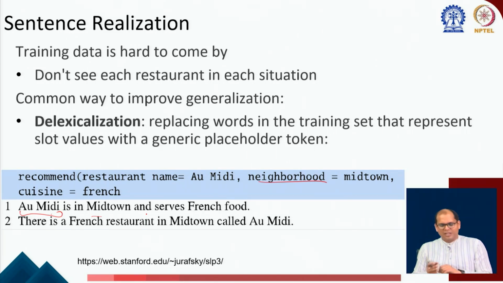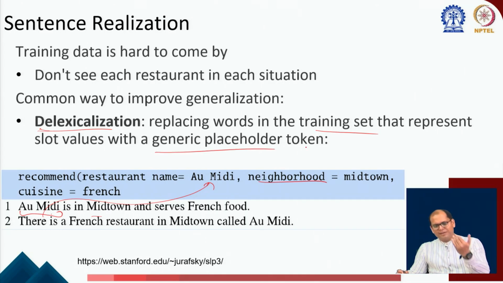Once you have generated that, you will have an intermediate step where you replace these fillers with the actual names, right. That is typically a better strategy where you can use even small data, but you delexicalize so that it learns in general, and you fill in the actual value later on. So, this very important strategy, delexicalization, means that you replace words in the training set that denote the slot values with a generic placeholder token, and then you train the model so that it can generate using these placeholders, and we finally replace the placeholders.